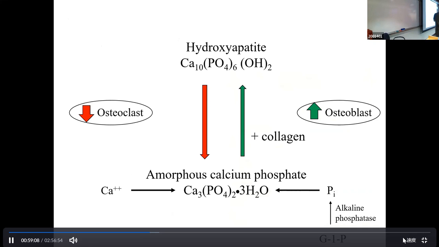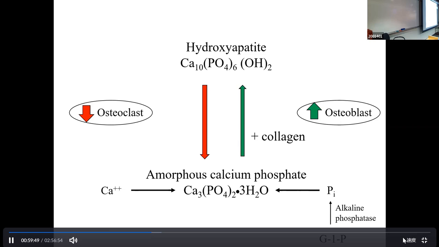If you remember, in our bone the calcium usually occurs in the form of hydroxyapatite in this particular formula. So the two types of cell, one in green, the other one in red: osteoblast helps to convert the amorphous calcium phosphate into the crystalline structure, whereas the acidic environment helps to break it down and release the calcium and phosphorus.